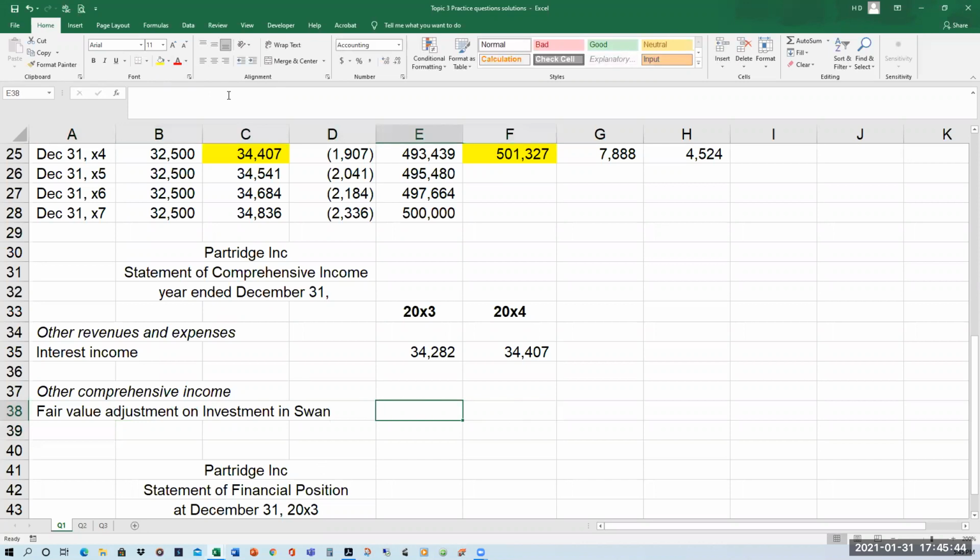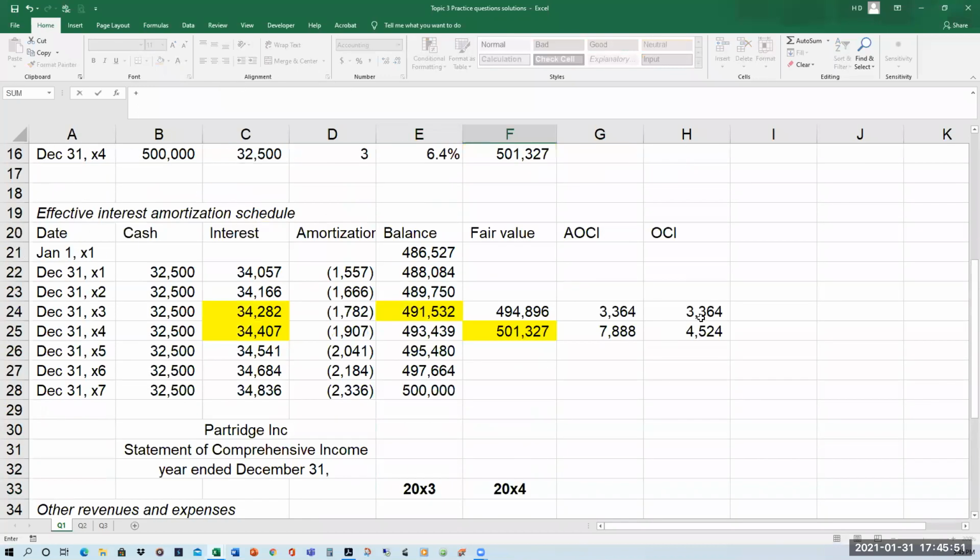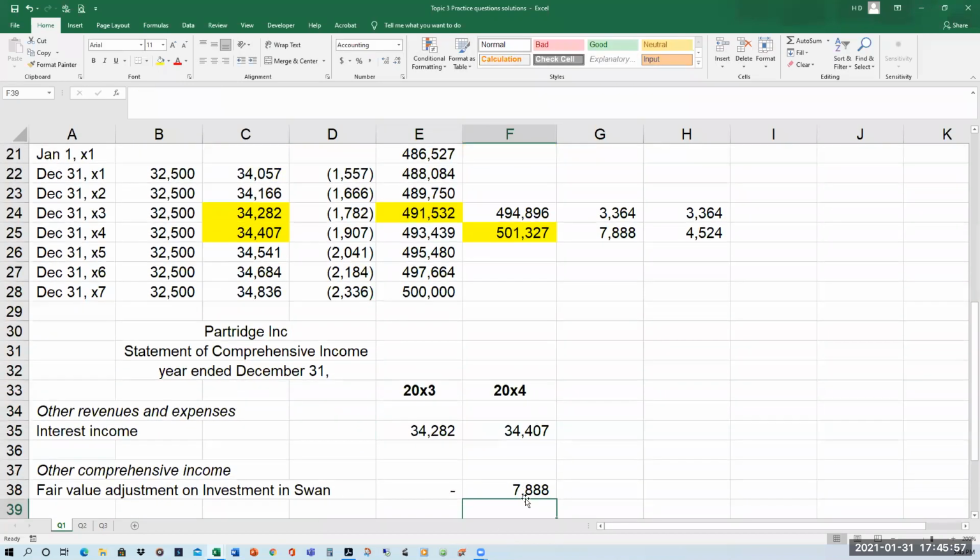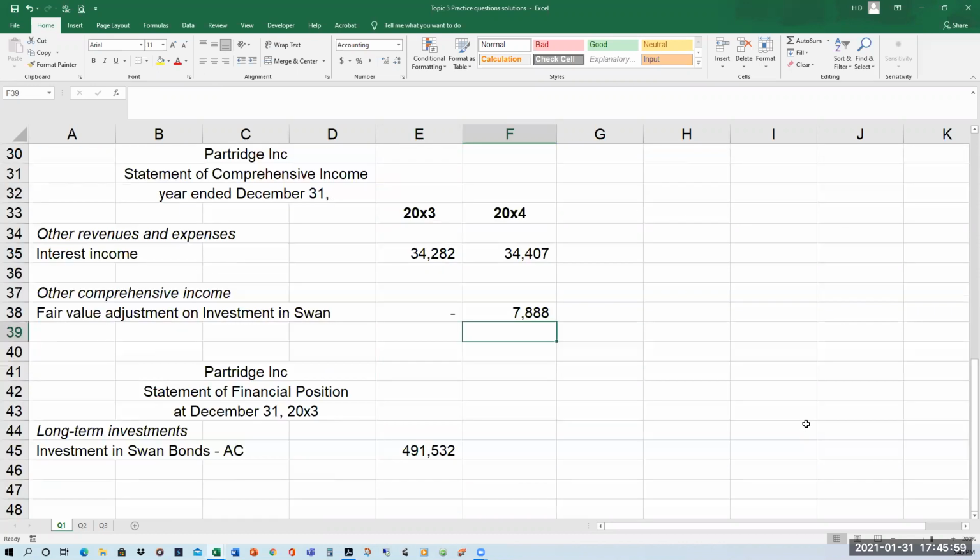And so there was nothing as far as other comprehensive income for year 3, but for year 4, we will have 3,364 plus the 4,524. That's a total of $7,888.